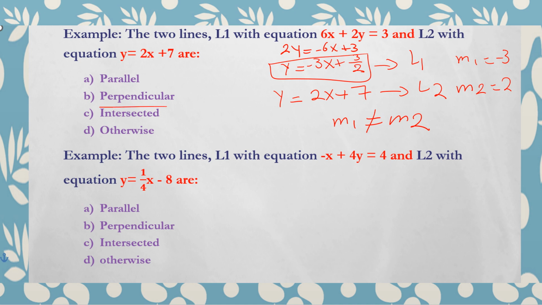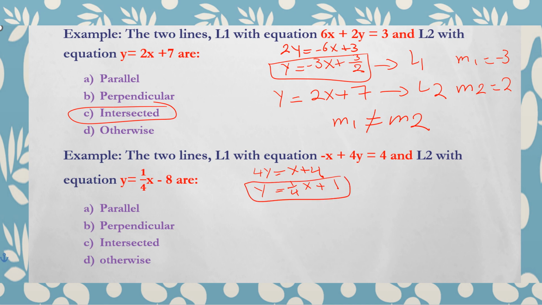Another example, the two lines: L1 with equation minus x plus 4y equals 4, and L2 with equation y equals 1 over 4 x minus 8. These lines are parallel, perpendicular, intersected, or otherwise. First, let's rearrange the equation of the first line. So 4y equals x plus 4. Then y equals 1 over 4 x plus 1.